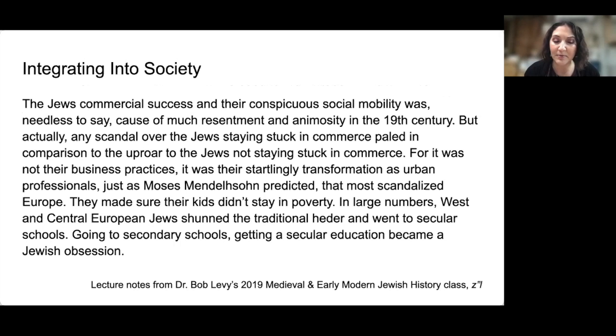For it was not their business practices, it was their startling transformation as urban professionals, just as Moses Mendelssohn predicted, that most scandalized Europe. They made sure their kids didn't stay in poverty. In large numbers, Western and Central European Jews shunned the traditional cheder and went to secular schools. Going to secondary schools, getting a secular education became a Jewish obsession.